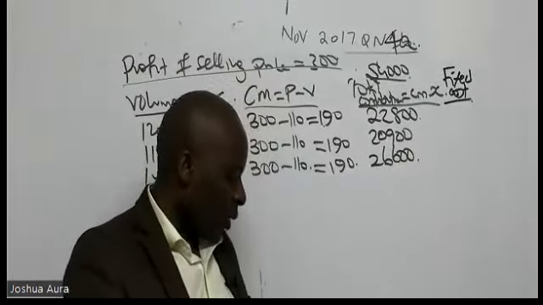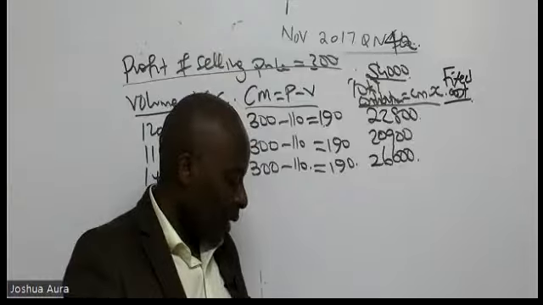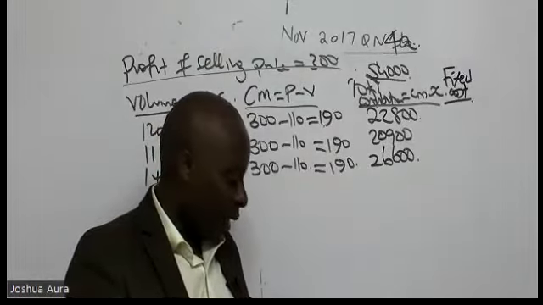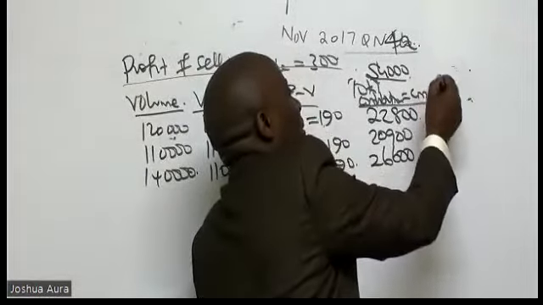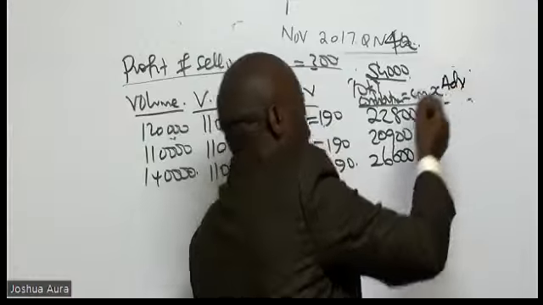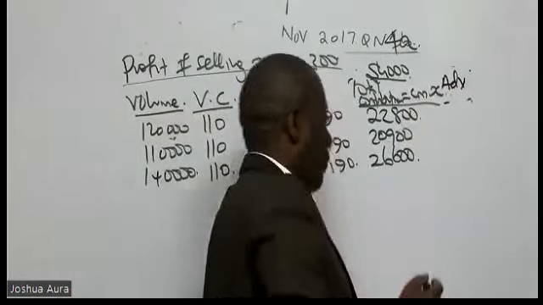They have told us that we have an advertising cost of 9 million per annum. So we have advertisement, and then we have fixed production.